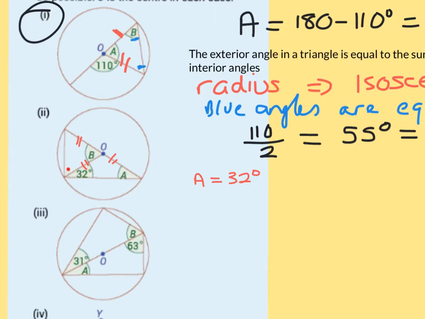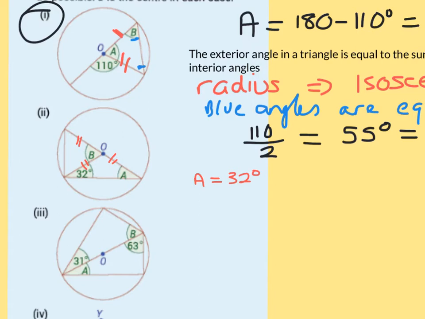This is going to be 90 degrees. So I can subtract 32 from 90. That will give me my base angles here. Because this is an isosceles triangle, I can go with 180 degrees. Similarly, I can take the exterior angle of a triangle is equal to the sum of the 2 interiors.